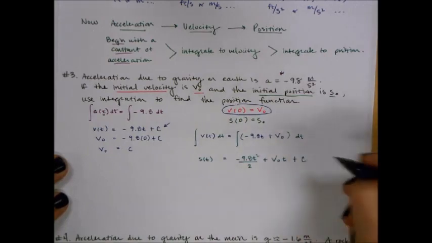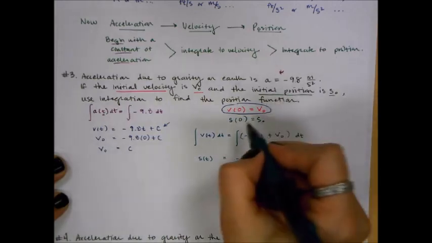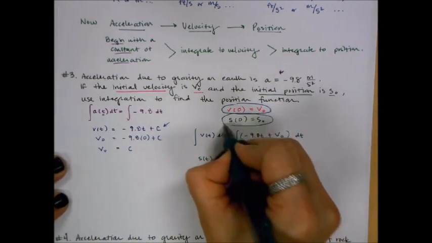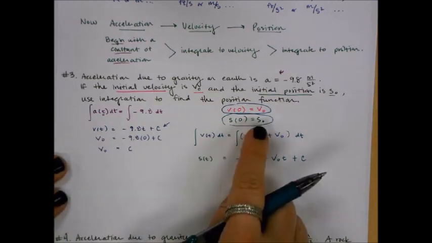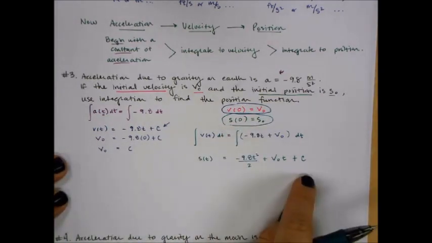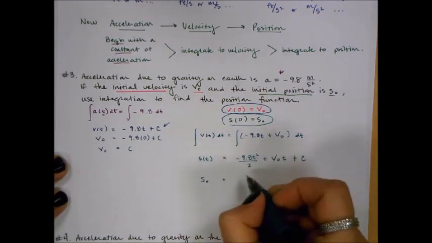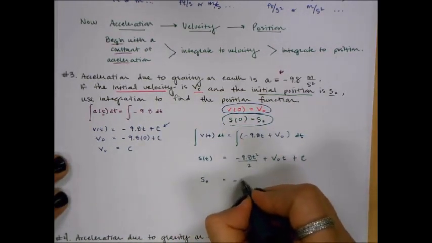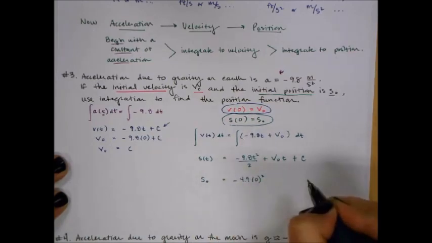So now we're going to use the initial condition, s of 0 equals s naught, just like we did over here. We're going to plug in this coordinate pair to solve for c. So s naught is equal to negative 4.9 times 0 squared plus v naught times 0 plus c.